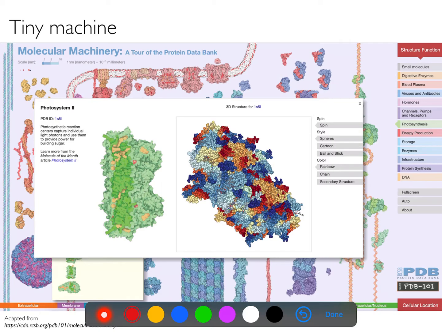Okay, so here's photosystem 2. Here is the protein that can be found in photosystem 2, which can receive and harness the incoming sunlight, and this incoming sunlight can activate a specific molecule within this protein.